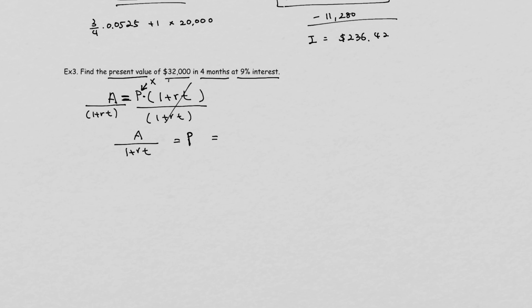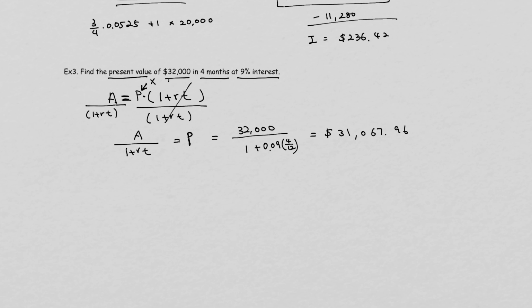I should be able to write this equal to on the other side, so it's just more familiar, right? So your amount is 32,000. And 1 plus the rate is 9%, so it'll be 0.09 times 4 months out of 12, so it'll be 4 over 12, right? And this is going to give you something close to 31,067.96.